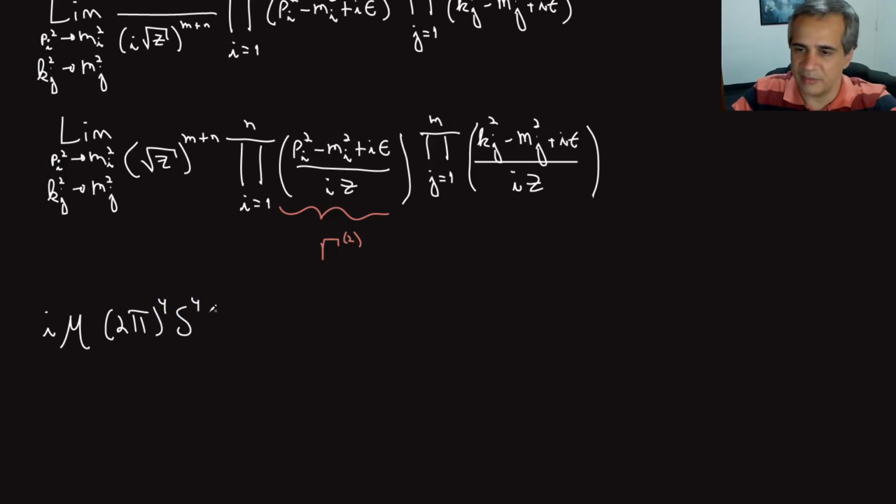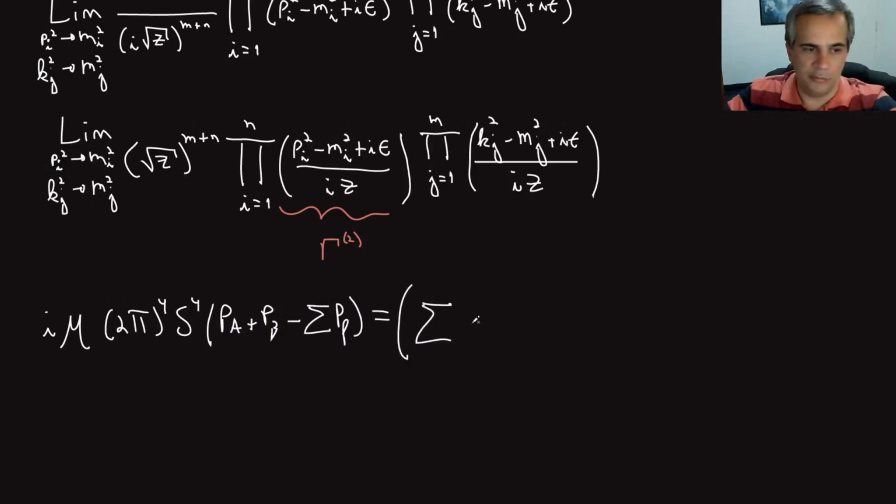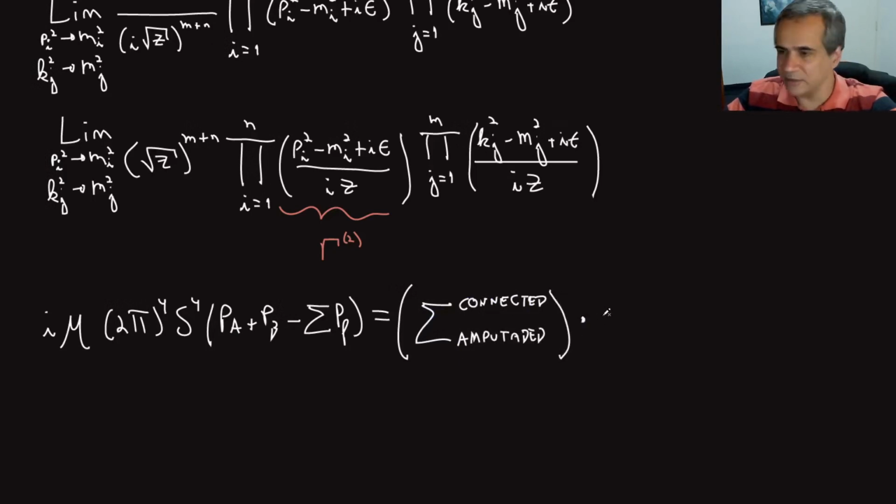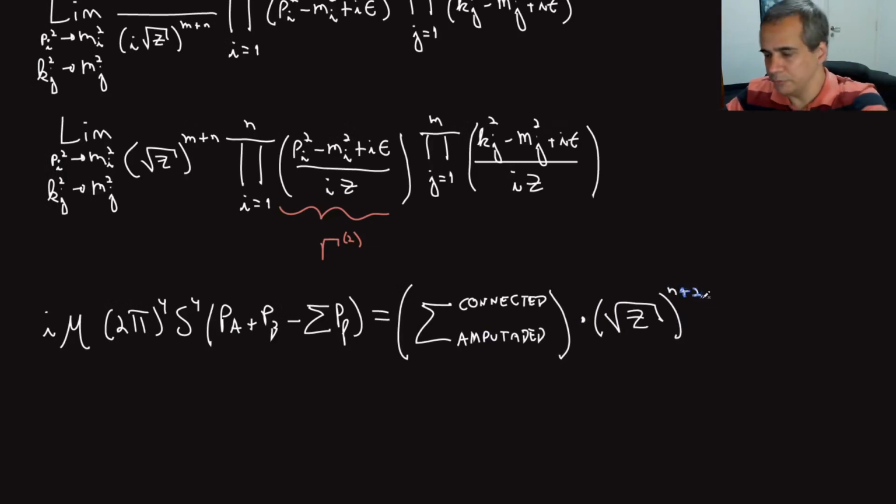I'm just writing this left-hand side now in terms of the matrix element, p_A, p_B, minus the sum over final momenta, right, is equal to a sum of connected and amputated diagrams times, and this is the important part, square root of Z^(n+2), right?